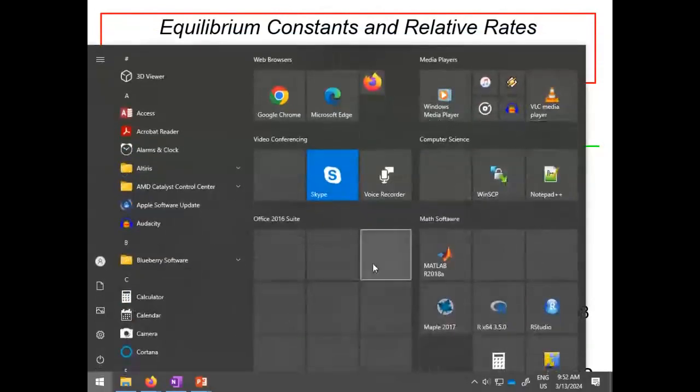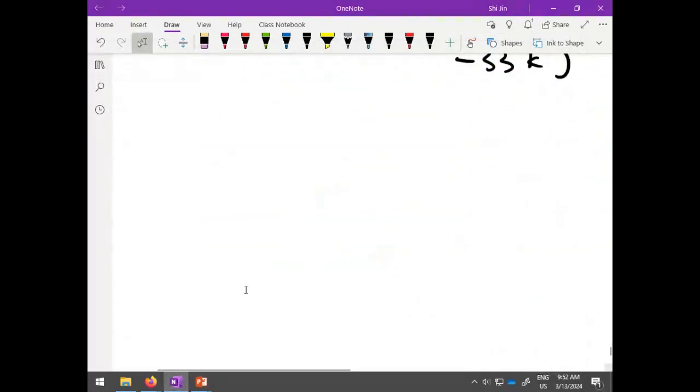Now let's do a few exercises. Let's say I have C6 carbonyl compound isomers. Do I have 6 carbons? Yes.